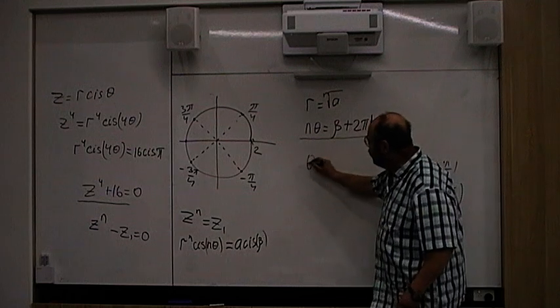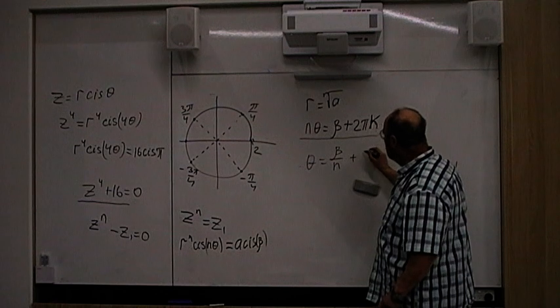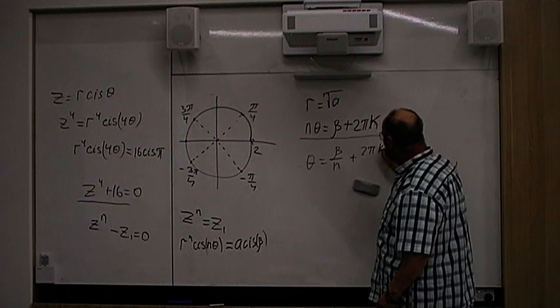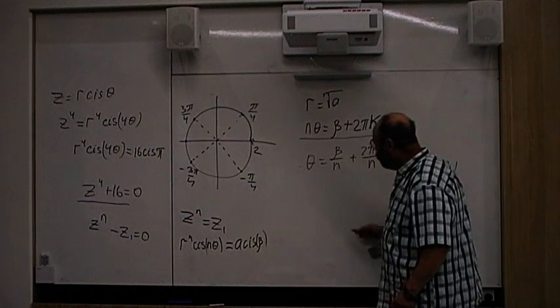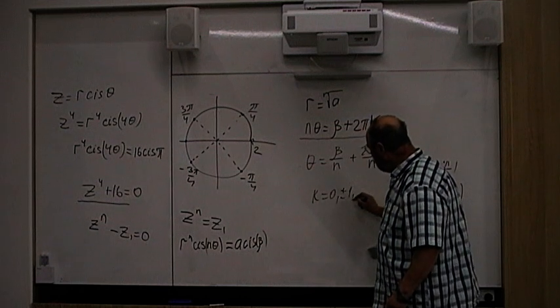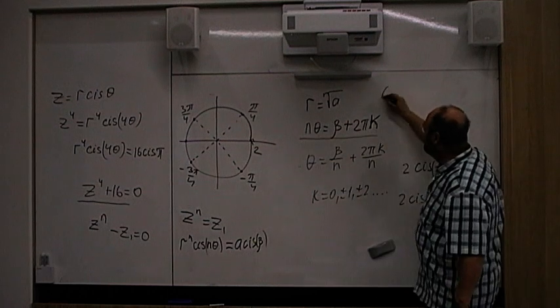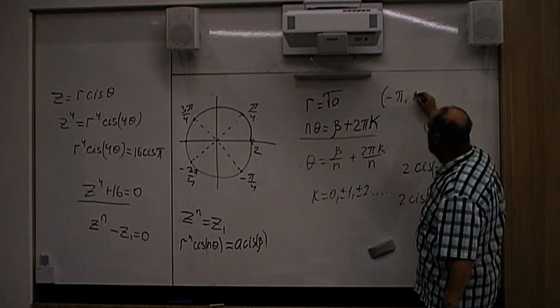Then theta equals beta over n plus 2 pi k on n, and you try k equals 0, plus minus 1, plus minus 2, until you stay in the interval minus pi to pi.